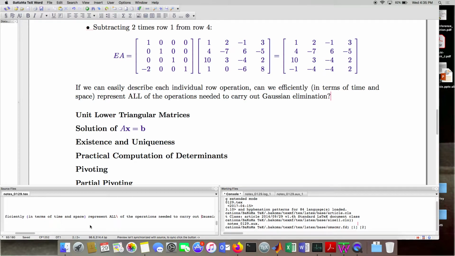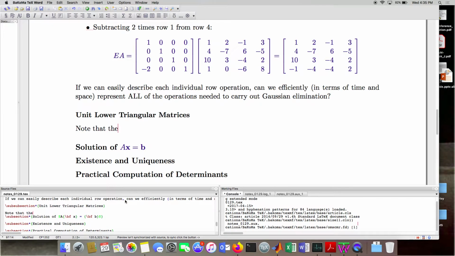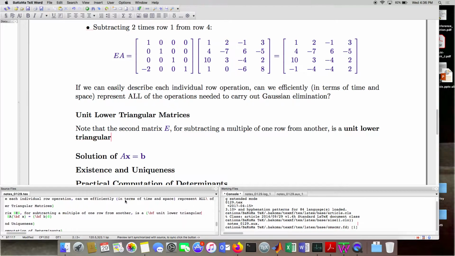So I'll focus on this kind of operation here, subtracting a multiple of one row from another. So note that the second matrix E, for subtracting a multiple of one row from another, is what's called a unit lower triangular matrix. So what does that mean?